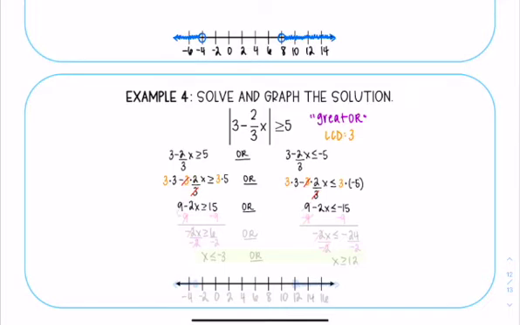And so let's go ahead and we are going to subtract 9 from both sides. And we can do this in both scenarios. And so it ends up canceling on the left. We have negative 2x is greater than or equal to 6. Or we've got negative 2x is less than or equal to negative 24.